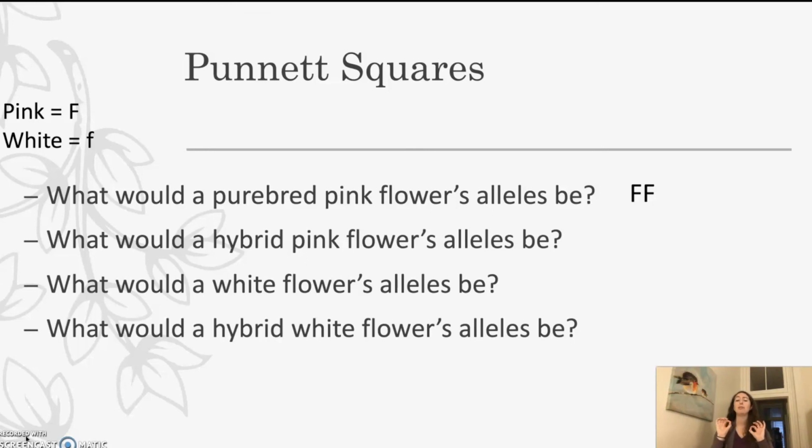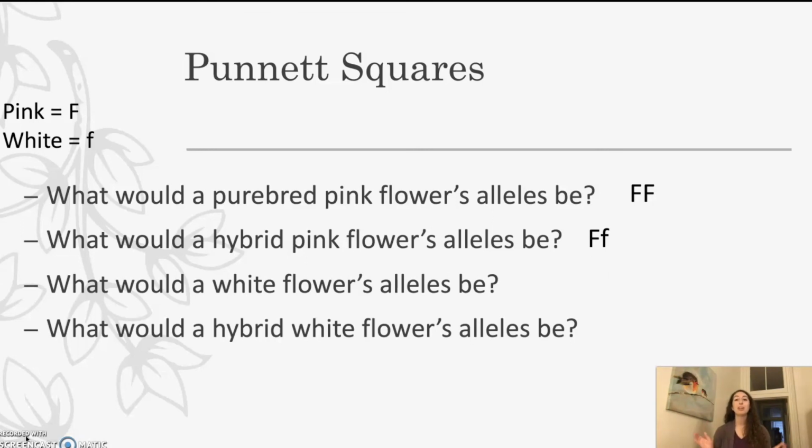So if we know that they have different alleles, they have mixed alleles, and they're pink, what is their genotype going to be? I'll give you a second to think about that one. So, if you said that we have big F and little f, you are absolutely correct.